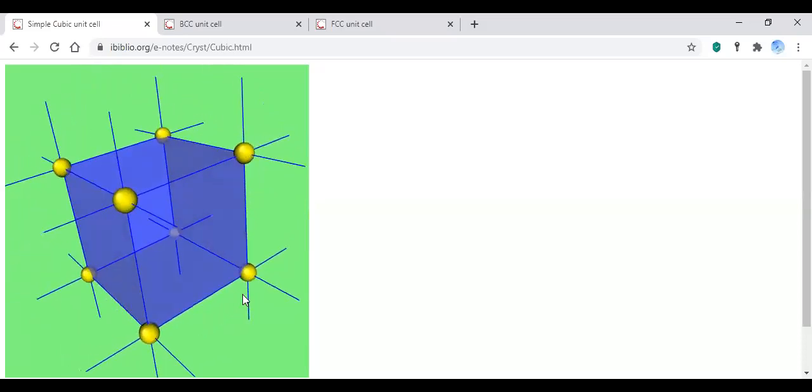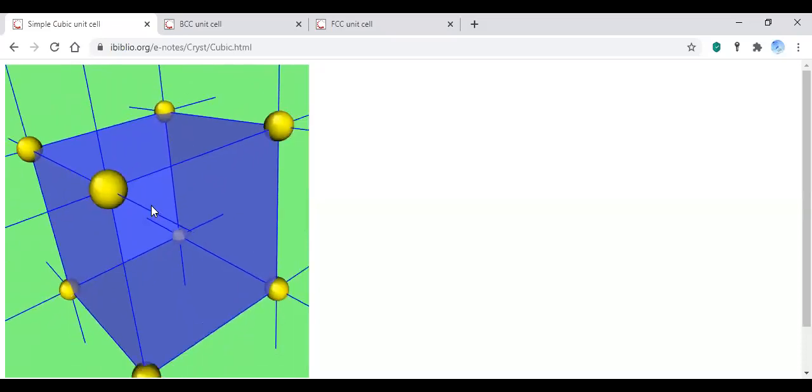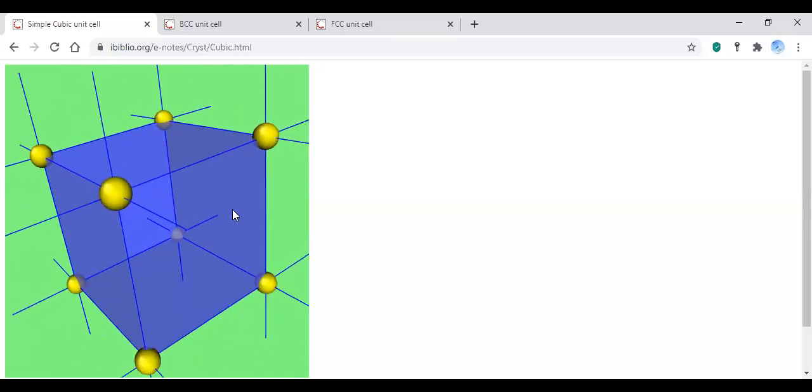A simple cube will have 8 corners. These yellow spherical ball-like structures represent the particles, and if you see the corner particles, you can observe how they contribute to the unit cell.